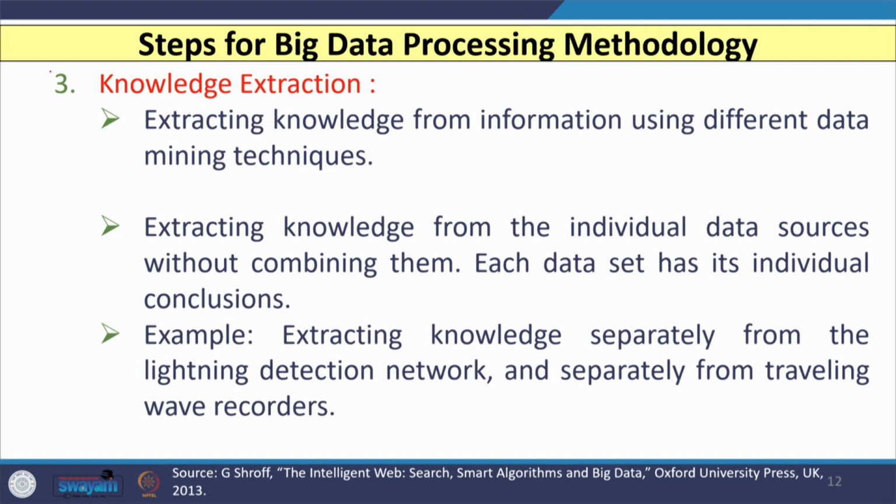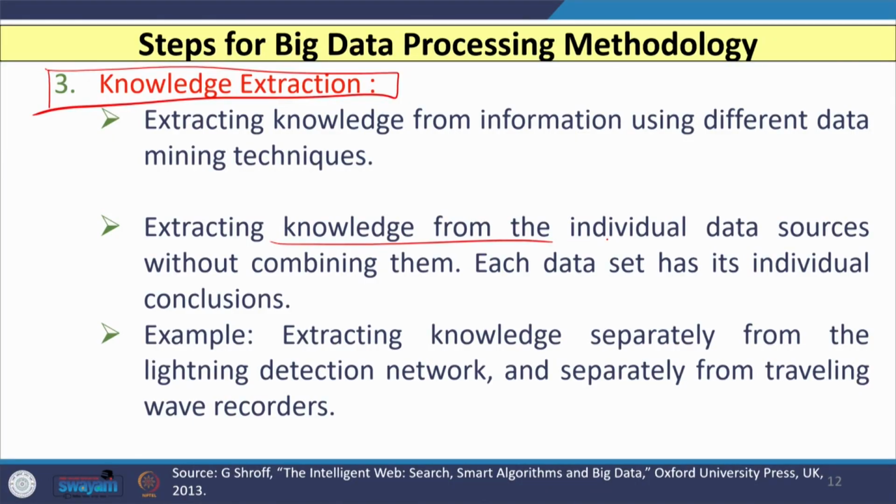The third step is the knowledge extraction step. We have to extract knowledge from information using different data mining techniques. So, we need data mining algorithms with several techniques, and you can go for a specific technique depending upon your application. And here you need to extract the knowledge from individual data sources without combining them.